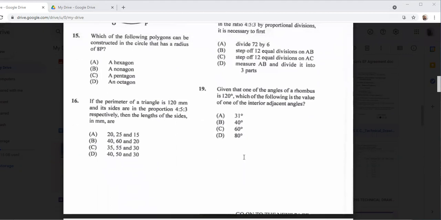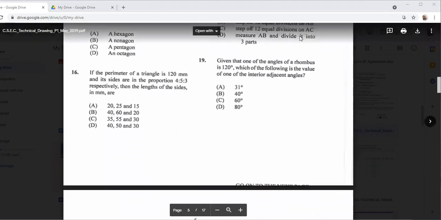Number 19. Again, we looked at this question in the text. I'm giving you some time to work through it.